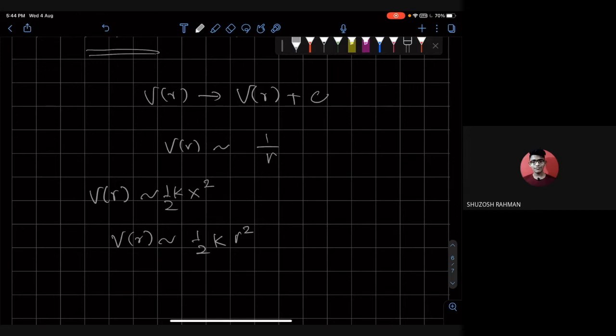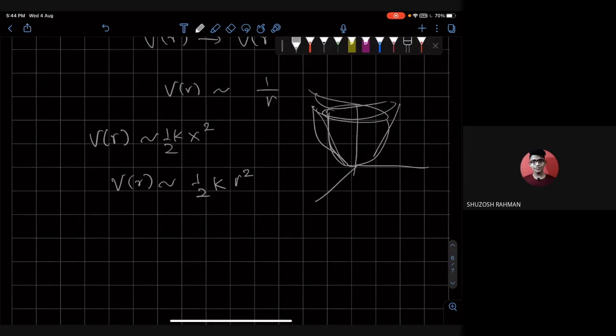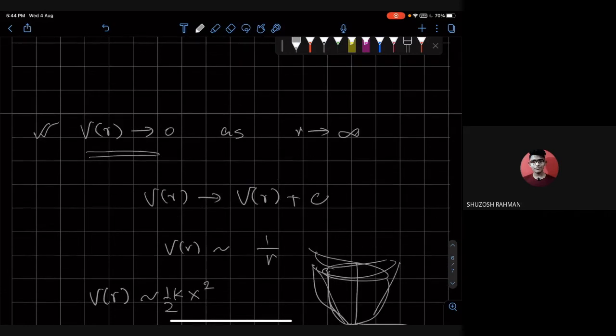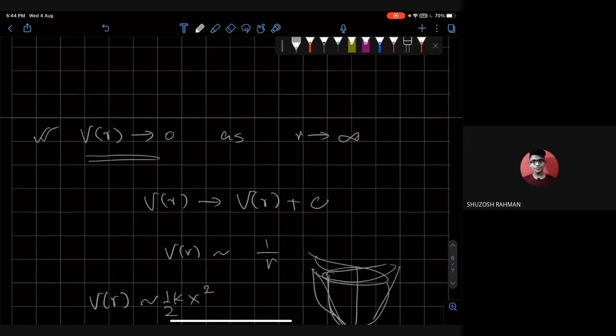Here, as r increases, your potential energy increases. It doesn't go to 0. It's a quadratic potential. So that's an important class that is not included in this, okay?